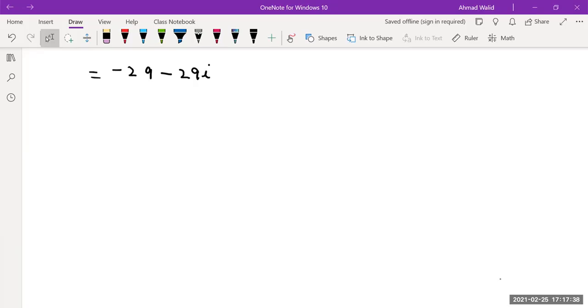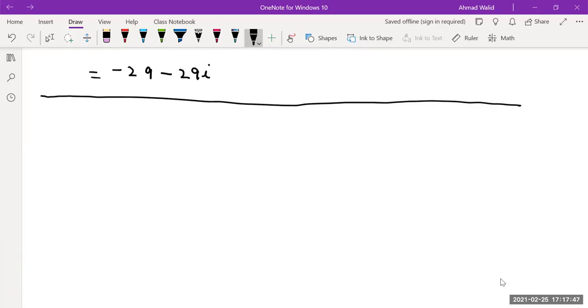Now, a special form of binomials. Remember in intermediate algebra, when you are multiplying two binomials like this, a plus b times a minus b, the binomials are totally the same. The only difference is this sign.